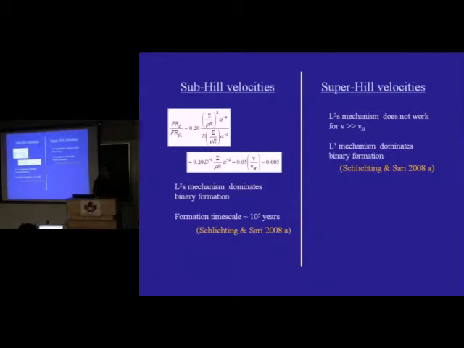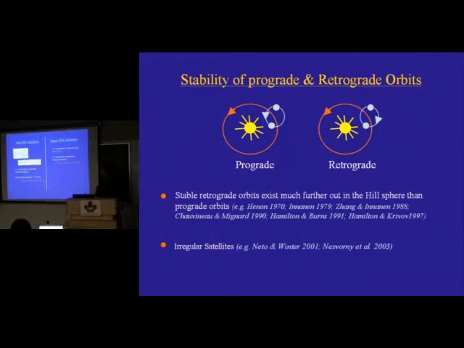For superhill velocities, this picture is reversed. Now dynamical friction is not able to dissipate enough energy in a given encounter, so forming binaries by a three-body encounter is the only way it could proceed.